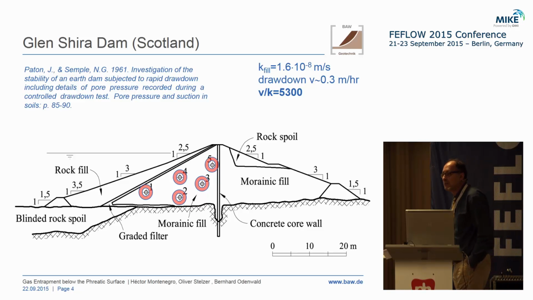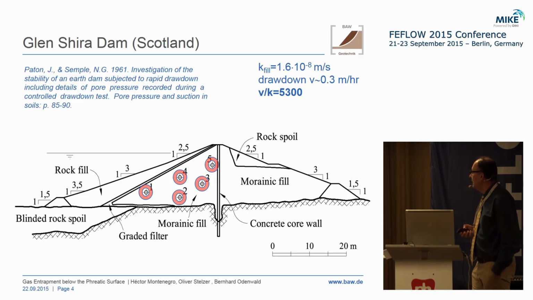And we are not the first ones to find that out. About 50 years ago, there was some analysis in Scotland where they installed pressure transducers in a dam, and they observed the pressure time series after the water level was lowered.